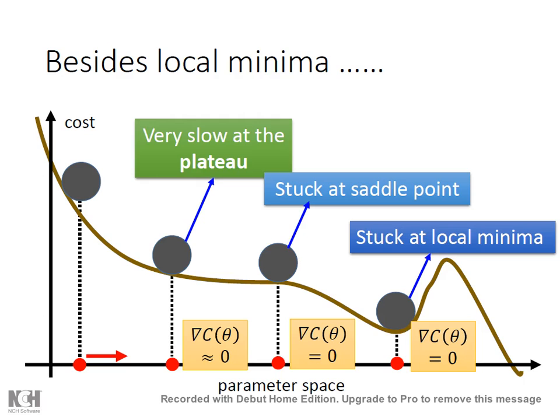Okay, so besides the local minima, here is the cost function. Here we call it the local minima. Why? Because there is a lower point over here. If unfortunately your initial seed is here, you will apply gradient descent and move in this direction.